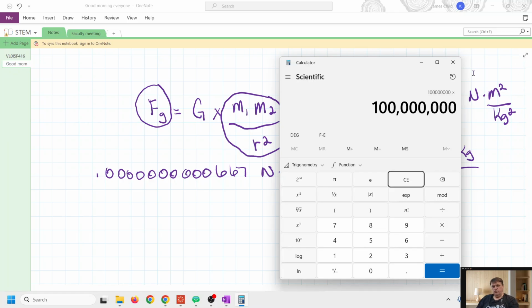I'm going to go times point 1, 2, 3, 4, 5, 6, 7, 8, 9, 10, 6, 6, 7 equals, and look, it is a very, very small number, okay? So gravity is a very small force. It's not very large at all.